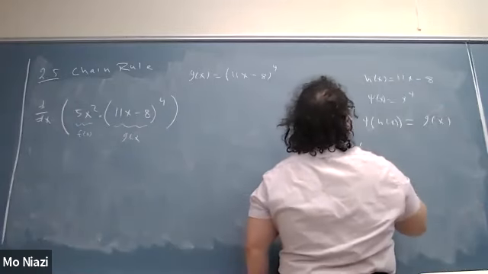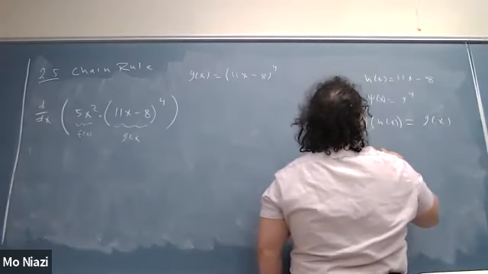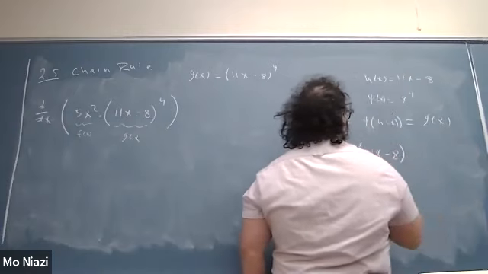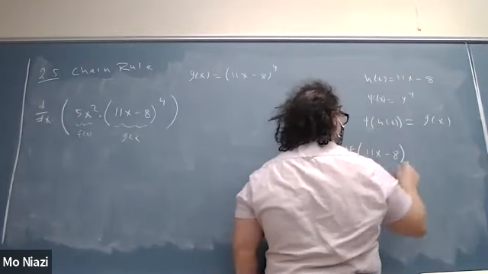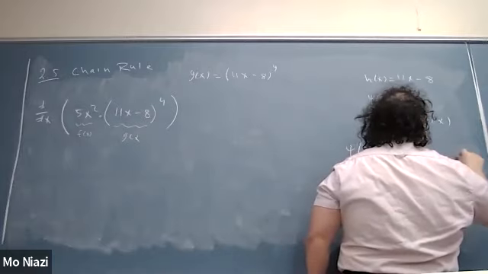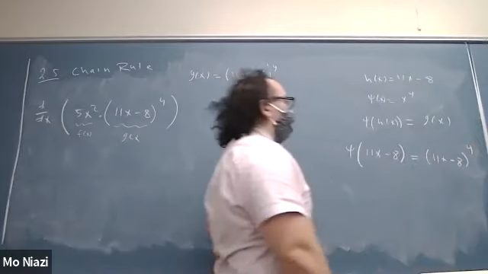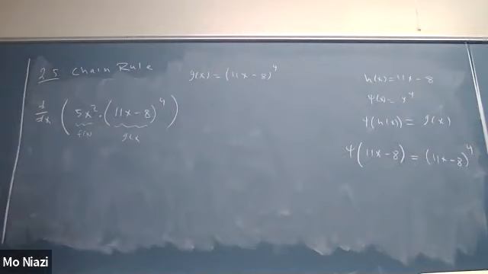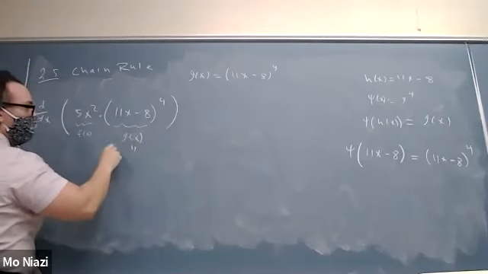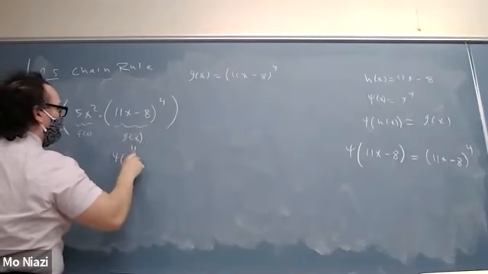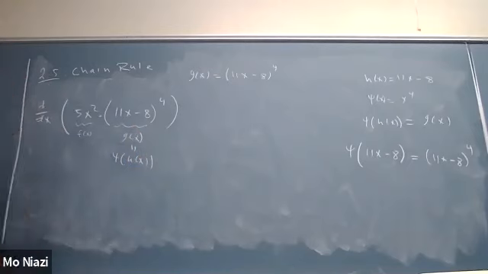Why? h is the same thing as 11x minus 8, but then when you plug that into psi, you get the 4th power. So notice we're going to have to do the product rule first and then the chain rule, because g of x is really a composition of 2 functions, psi of h of x. So this is going to be a fun example.